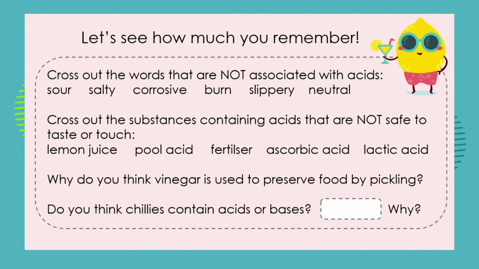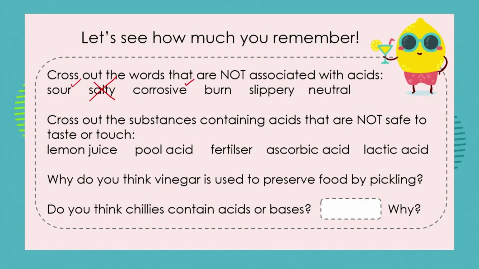Let's see how much you remember of what we've been learning. Cross out the words that are not associated with acids. So let's look at these words. Do we associate sour with acids? Yes. Salty? No. Acids don't tend to be salty. Corrosive?